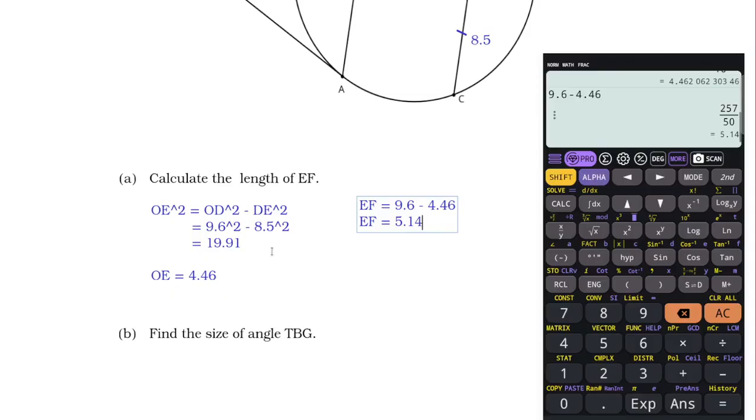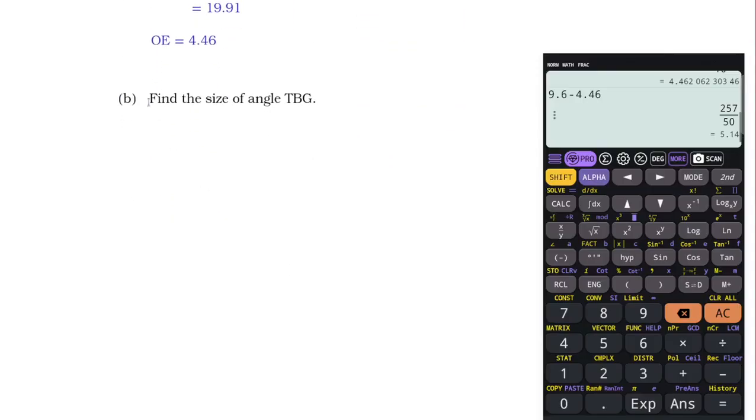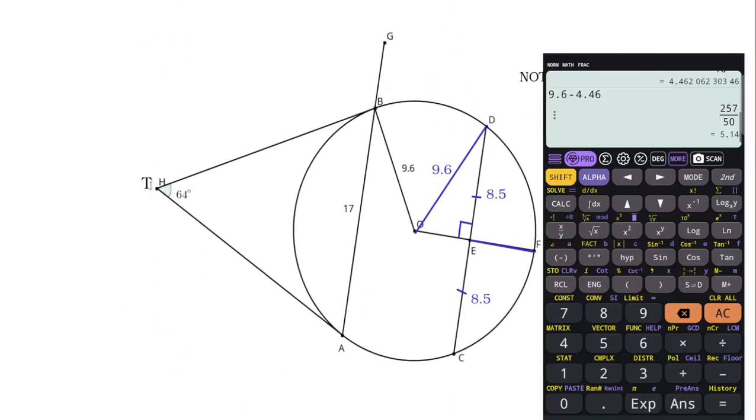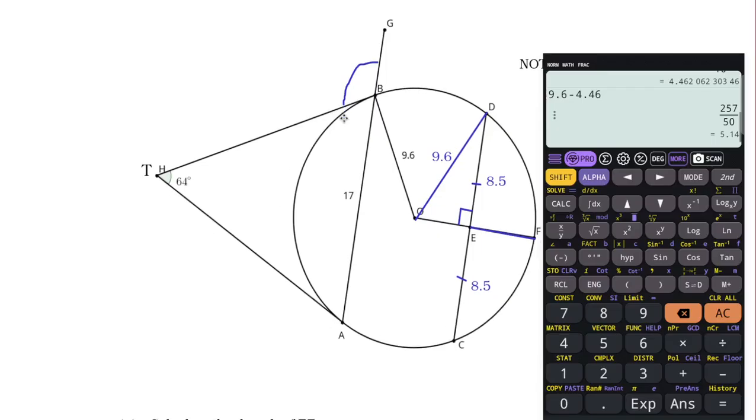5.14. Next, you are required to find the size of angle TBG. TBG, that's the angle there. You are required to find this angle here. Well, there is another theorem from circle geometry.